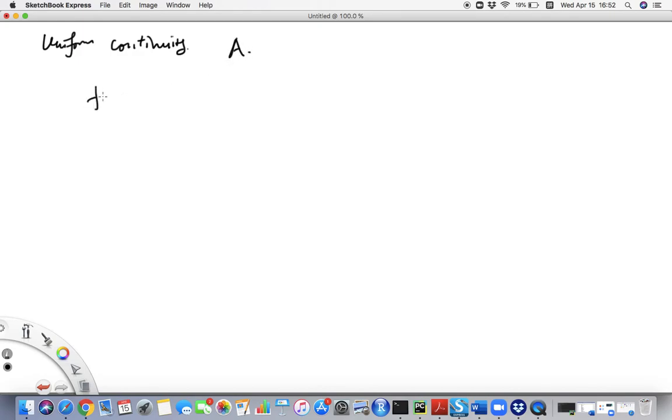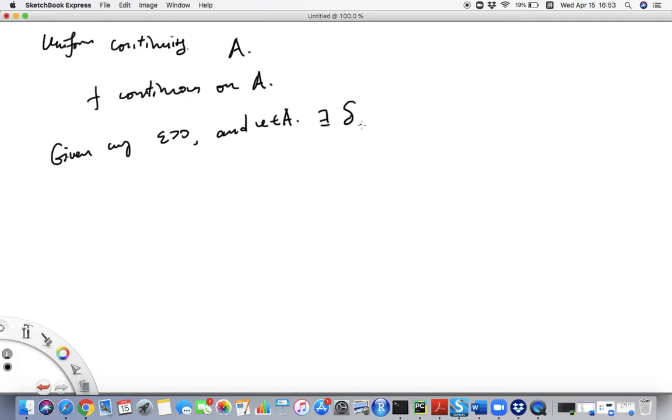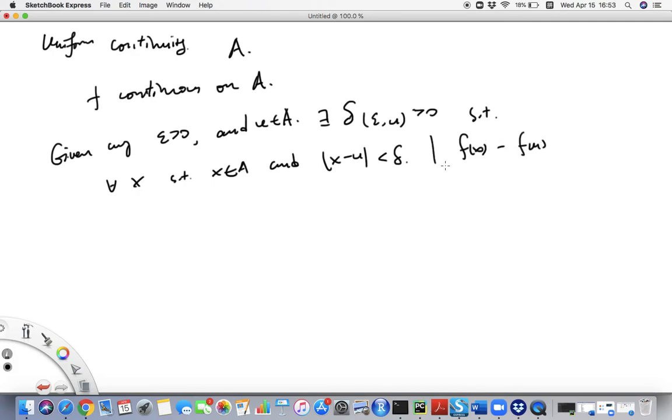Okay, so next I'm going to talk about this concept of uniform continuity. So let's recall the definition of a continuous function. f is continuous on A means that given any epsilon greater than 0 and u in A, there exists a delta, which depends on epsilon and u, such that for all x in A with |x - u| less than delta, we have |f(x) - f(u)| less than epsilon.